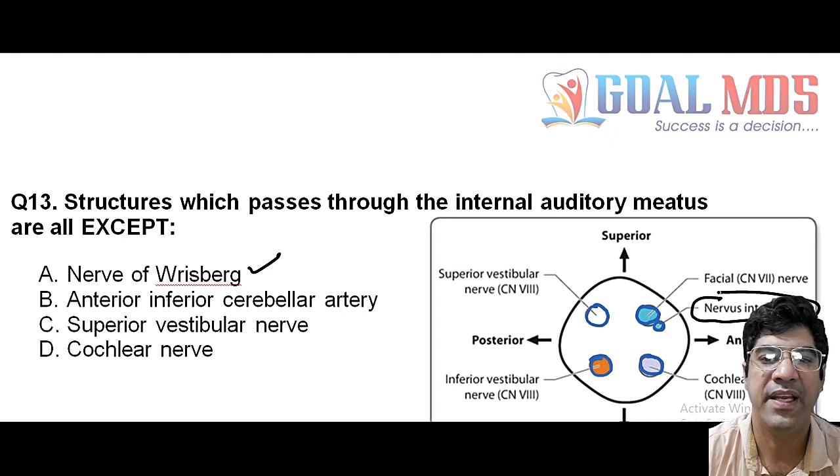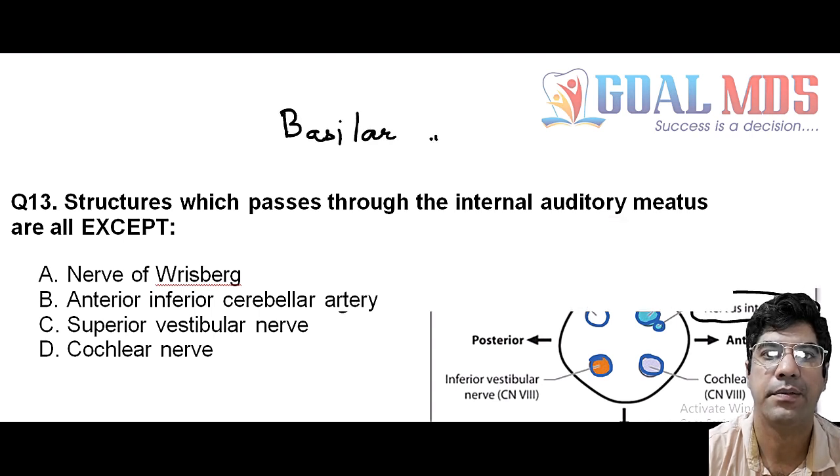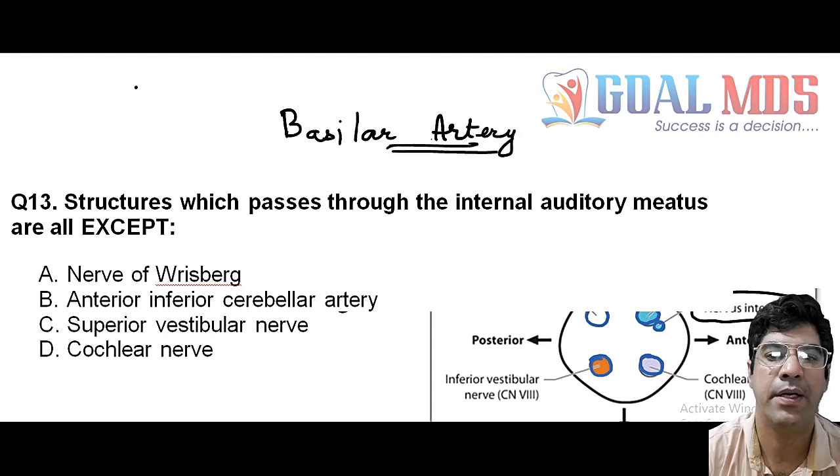The anterior inferior cerebellar artery does not pass through the internal auditory meatus. Well, remember, it is a branch of basilar artery, and it supplies blood to the anterior inferior part of the cerebellum.